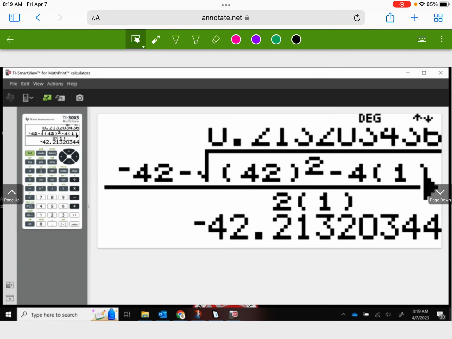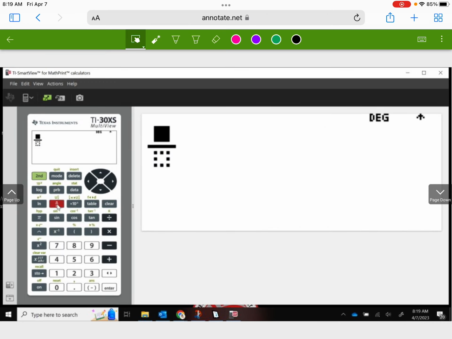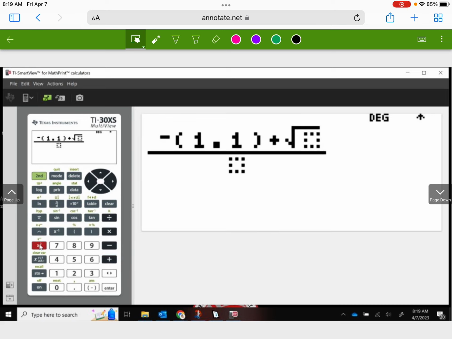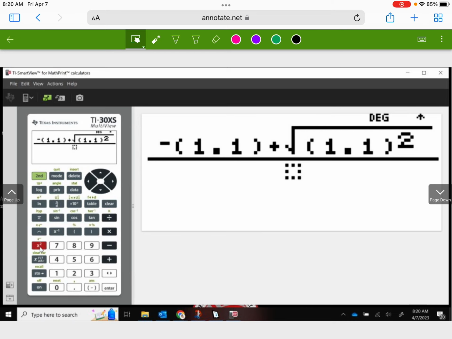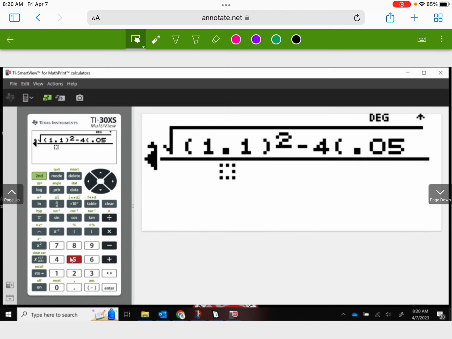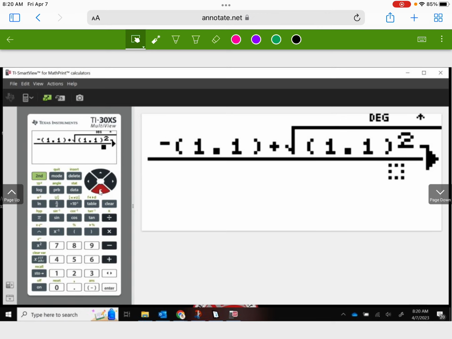And we can type this in the calculator. Let's make the calculator not tiny. Where we have our fraction: negative b, 1.1, plus the square root of b squared minus 4 times a times c, over 2 times a, which is 0.05.